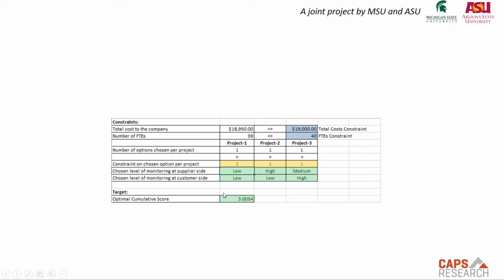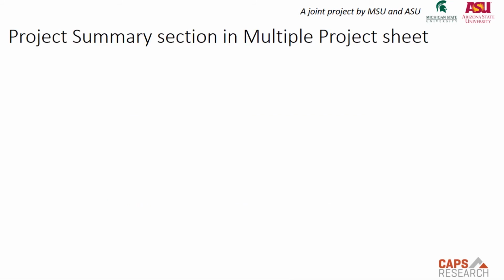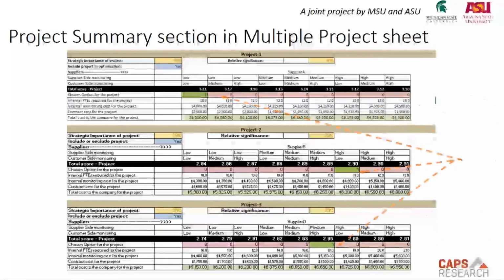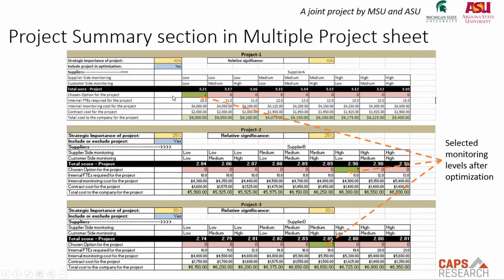And it gave us an overall cumulative score, and that's what it's trying to maximize, this overall cumulative score across all the projects with the weights given for each project below. So that came out of the optimization. And so you see now these are the ones that we chose, and that information is back here.